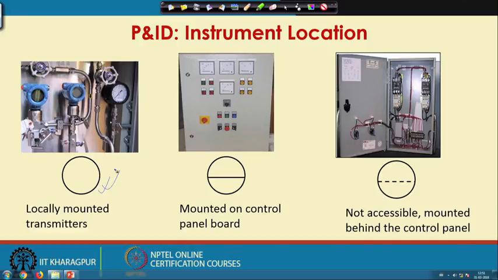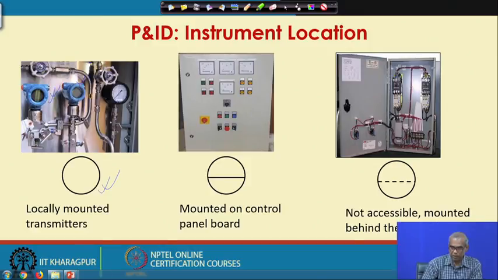So, these are locally mounted transmitters. The operator has easy access to these in the plant. This indicates the transmitter is mounted on the control panel board.